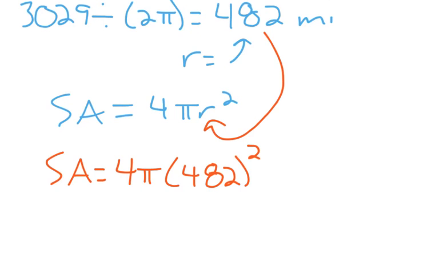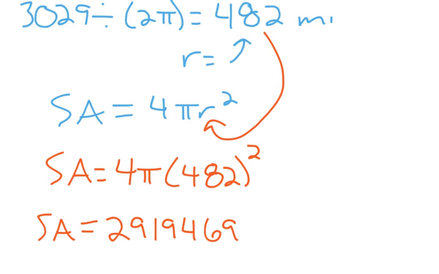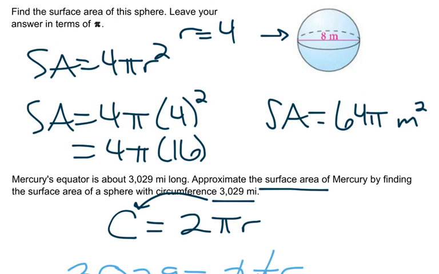So when you square 482 times 4 times pi, we get this really, really large number, but it's a very, very large planet. So it is 2,919,169 square miles. That is the surface area of Mercury.